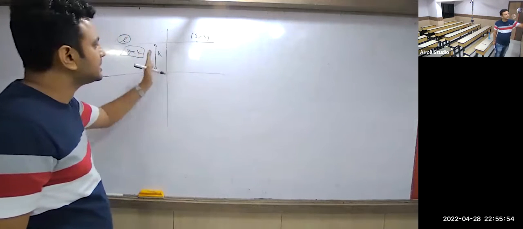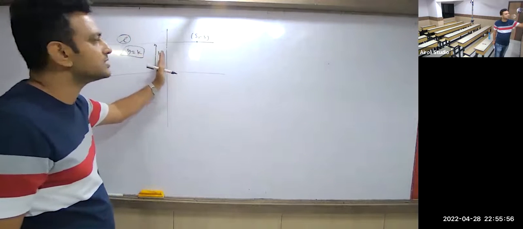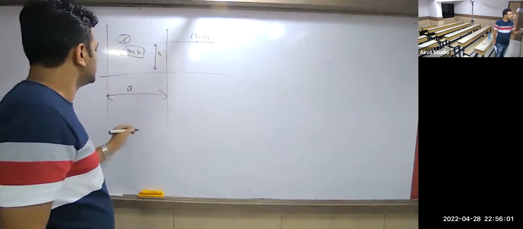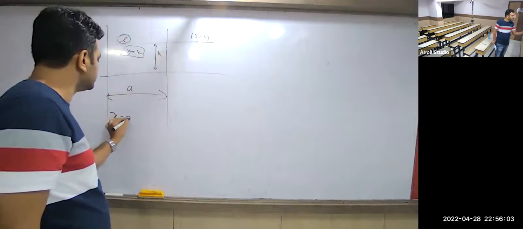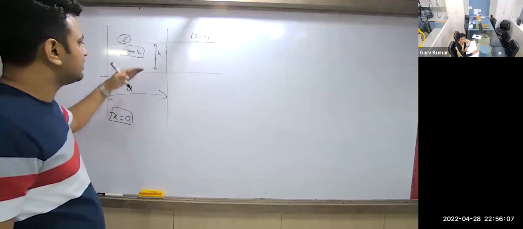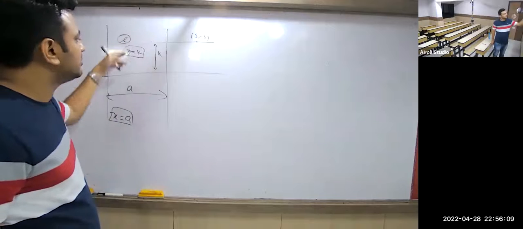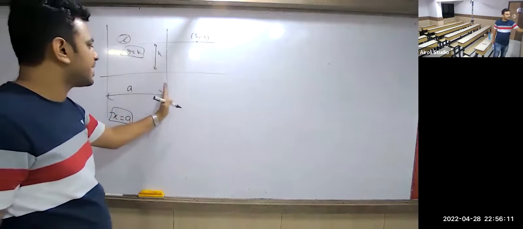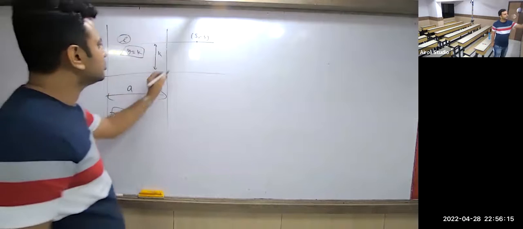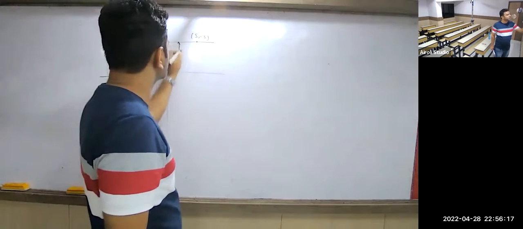If I'm saying a line parallel to y axis, let's say this is a, so its equation will be x equals to a. Got it? Opposite आएगा. Yes, sir. If I have a line parallel to x axis it will be y equals to k, a line parallel to y axis will be x equals to k. ठीक है, क्लियर?